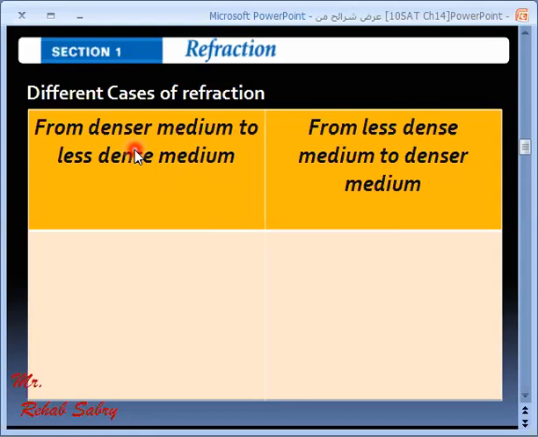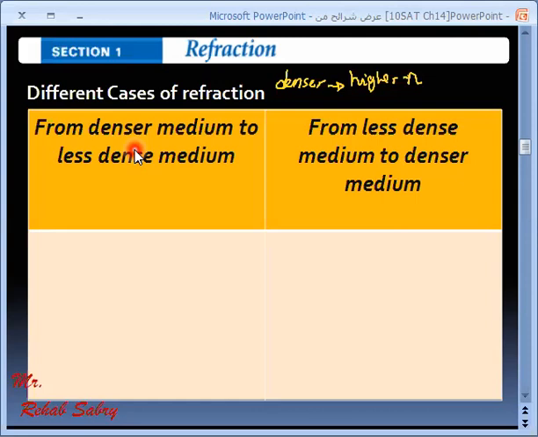Denser medium means higher refractive index, because the denser medium bends light more, so it has a higher refractive index. You have to memorize this well.